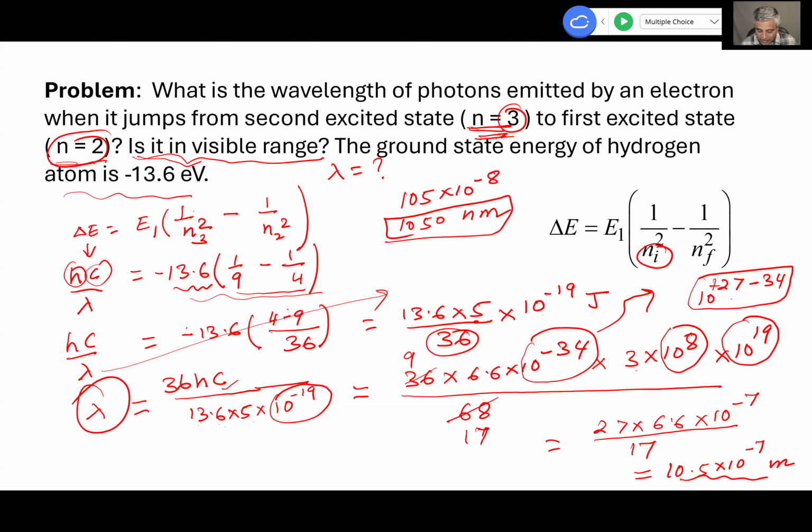Hopefully I did not make any mistake. This came out a little longer than what I expected. So I see infrared and red. Yeah, I guess close enough, right? Okay, then.